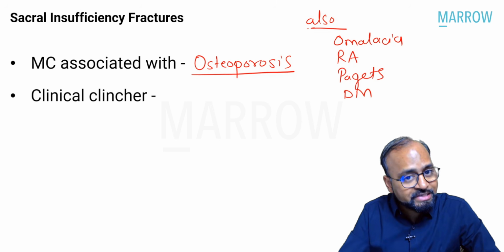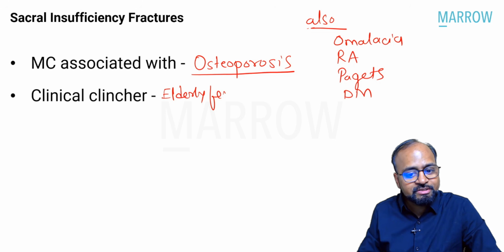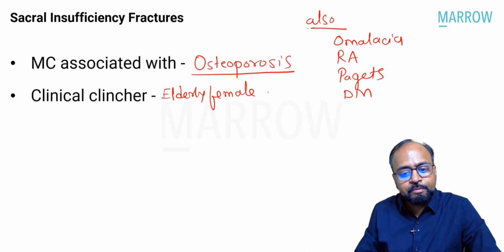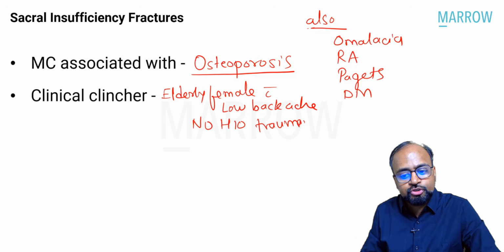How does it present? It typically presents in an elderly female who presents with low backache, as was the case in the question, but with no history of trauma. So trauma is not there, no history of trauma.